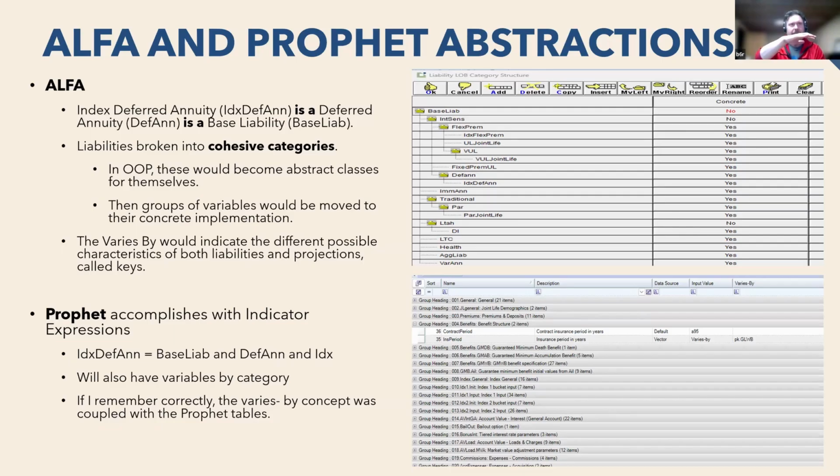Okay, and so let's now talk about Prophet. Let's assume, like I said, that the varies-by is within the table. How you know how to read the table is by refining that indicator expression, essentially making that hierarchy more refined. So you're defining finer and finer types, which makes your logic more cohesive and less coupled.